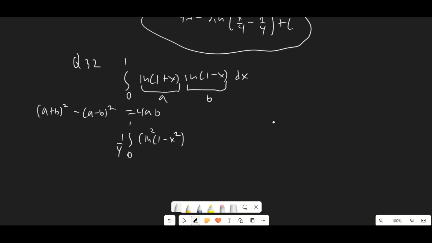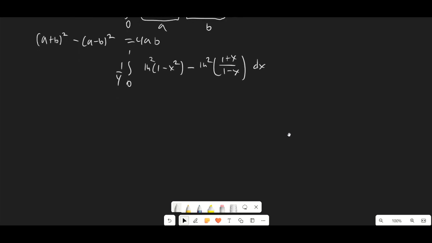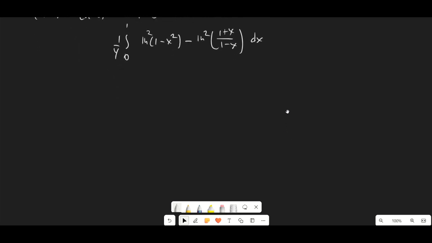Yeah, I think that's squared as well. And then minus ln squared of (1 plus x over 1 minus x), all of this dx. Maybe this won't be as simple as I thought.